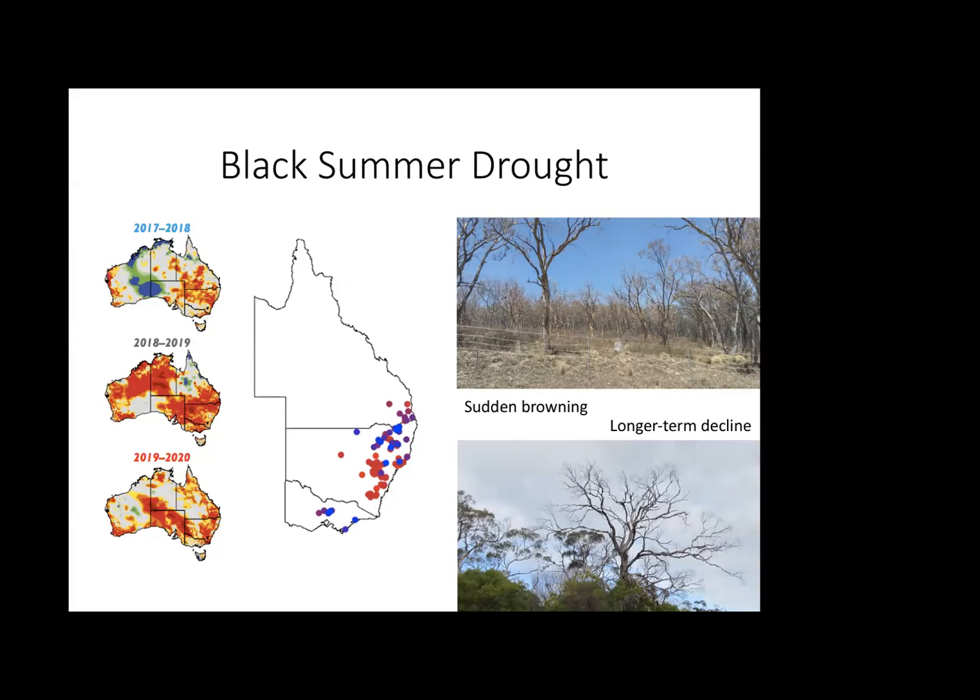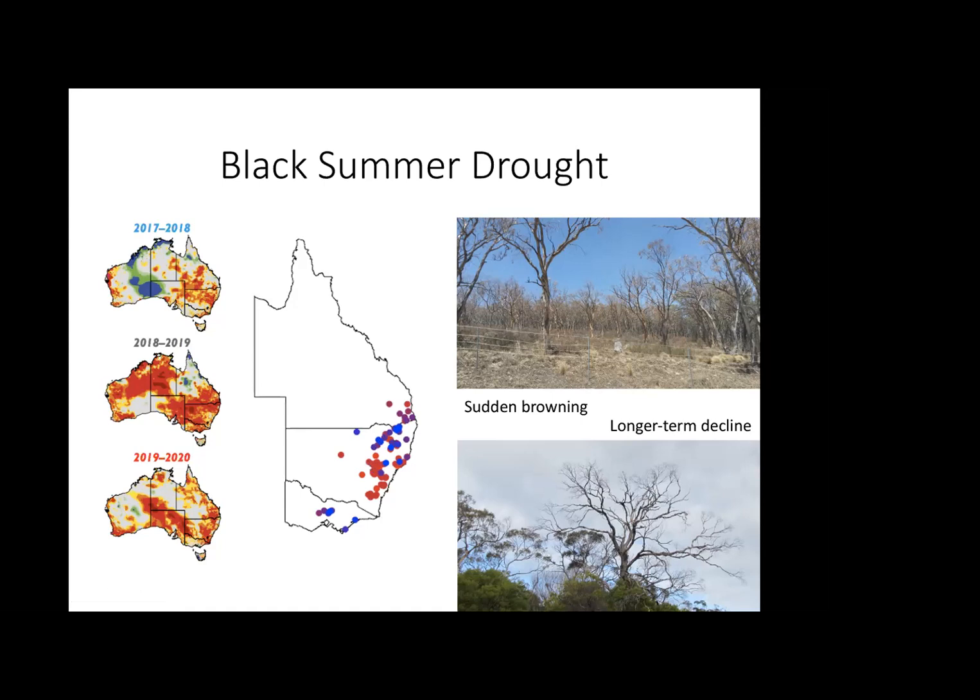And we got plenty of records from people out on the ground, which started coming through from southern Queensland initially, and then kind of gradually moved south as the year progressed.